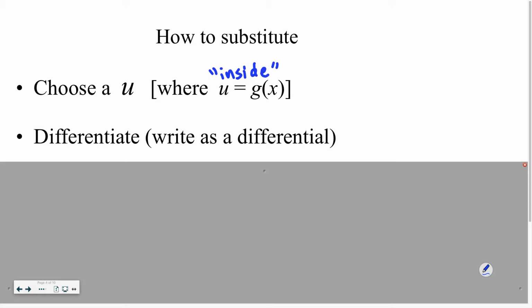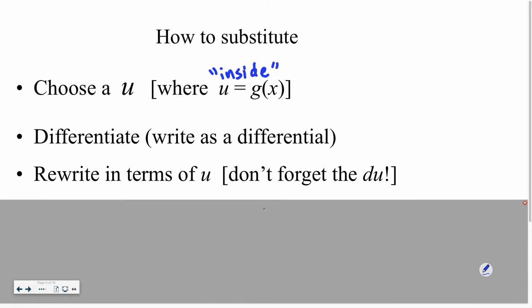This also helps us with the substitution. So not only are we changing g of x to u, but we can't have a u and a dx, right? Everything has to be a u. So we have to go back and rewrite everything in terms of u, including the dx.